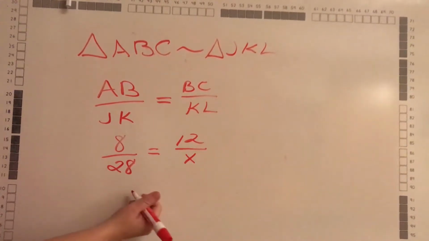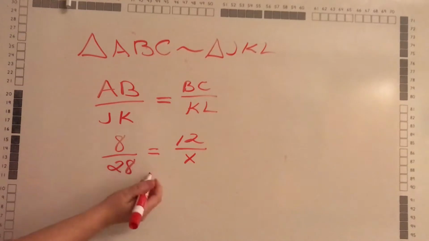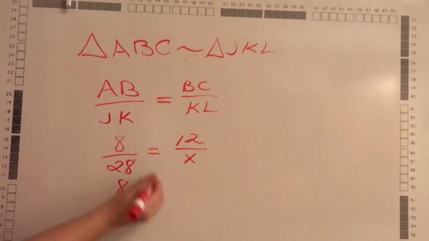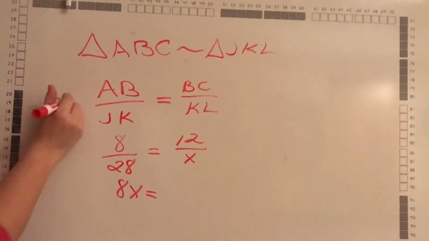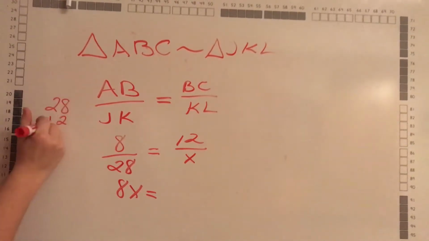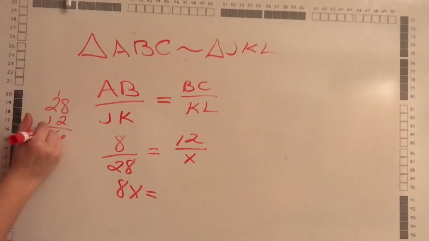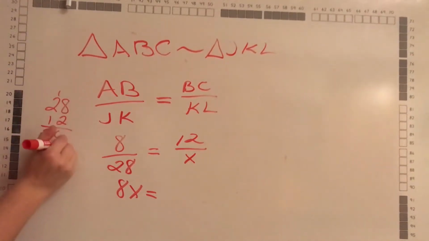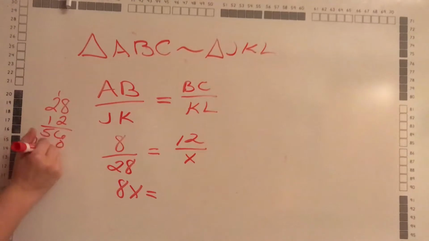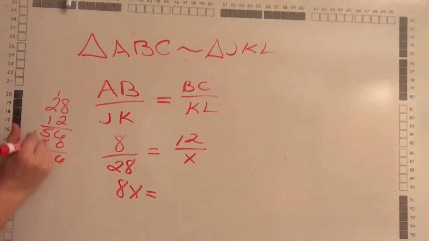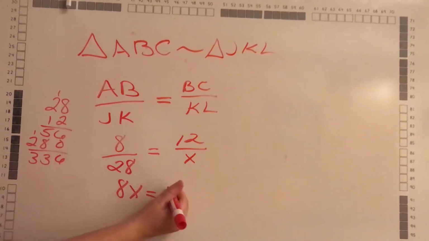So to solve this, we're going to cross multiply. That's going to give us 8x, and then 28 times 12, which gives us 336.